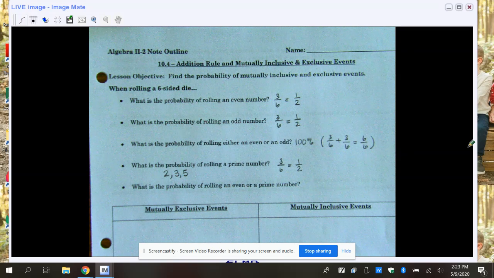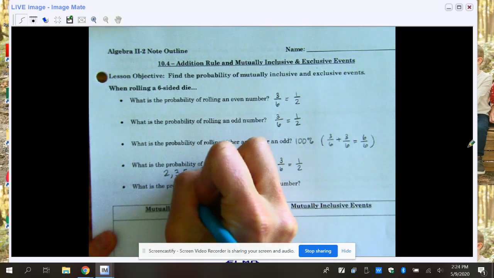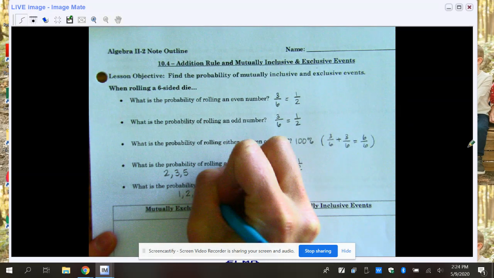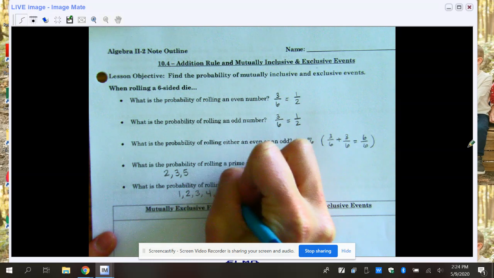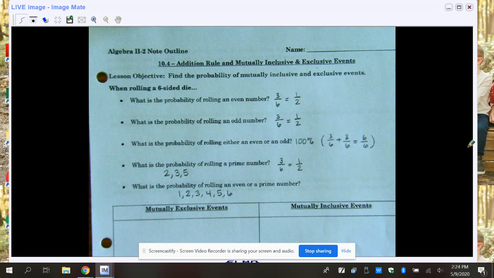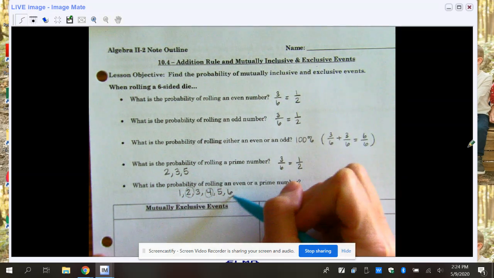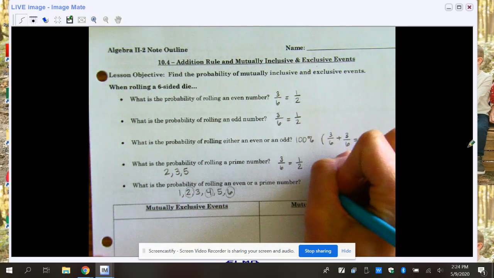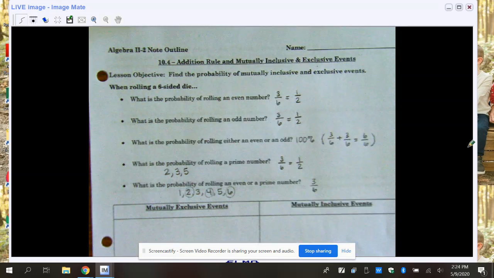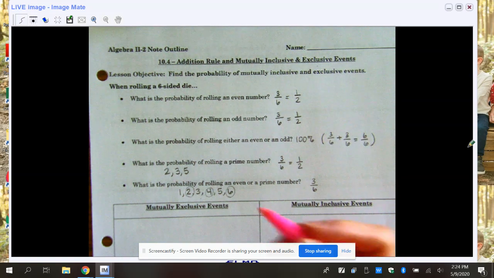Now this is, what is the probability of rolling an even or a prime number? So if I list out all 6 numbers, 1 through 6 here, and I want to know the probability that I roll an even, there's 1, 2, 3 evens. So there's 3 out of 6 that are even.